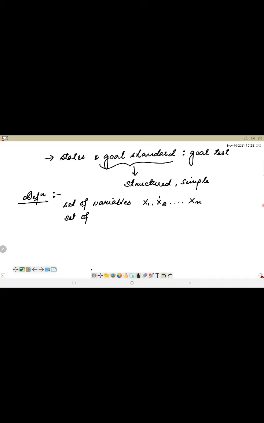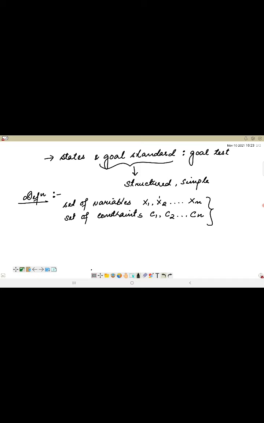Since it is a constraint satisfaction problem, definitely it will have a set of constraints associated with it. These constraints are c1, c2, up to cn. This can be represented using any alphabet or variable, however we chose these because this is the standard way of representing the variables and the constraints.